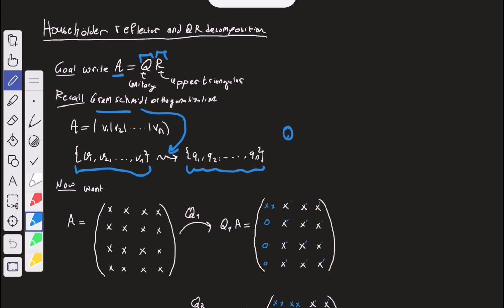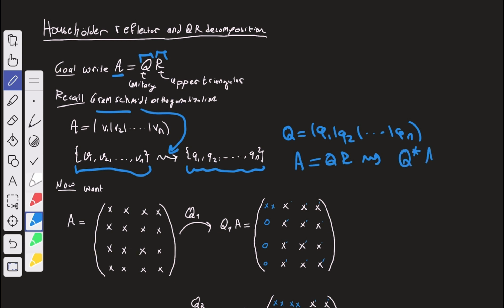These vectors form the matrix Q, the desired unitary matrix, and R can be gotten by multiplying both sides by the inverse of Q, which in this case is the conjugate of Q, and we get the matrix R, which is an upper triangular matrix.